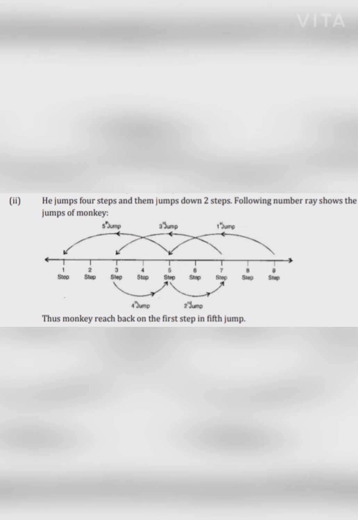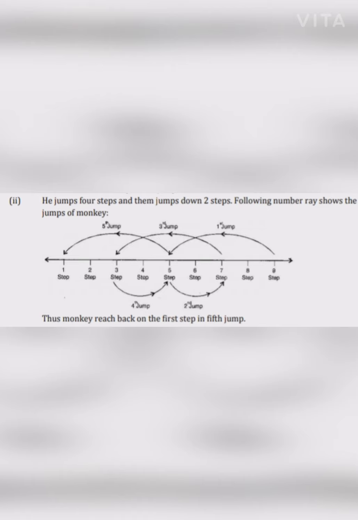The number array is shown here. Thus, the monkey reached back on the first step in the 5th jump.